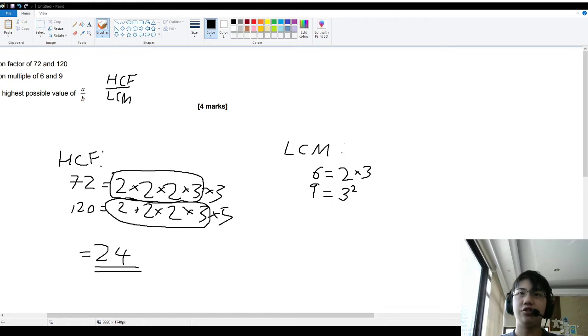Using this information, we can figure out the lowest common multiple by taking the highest power of each prime factor from the below numbers. So 6 has 2, while 9 has 3 squared, which is a greater power of 3 than 3. So the lowest common multiple is 2 times 3 squared, which equals 18.